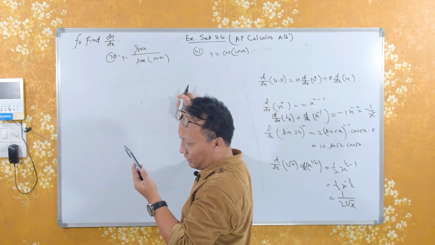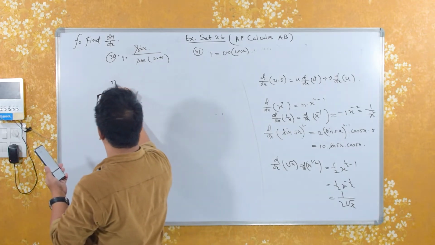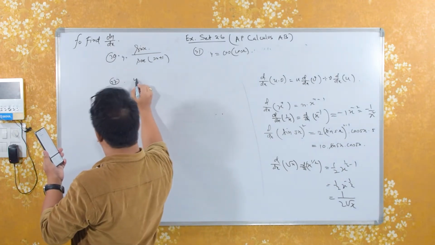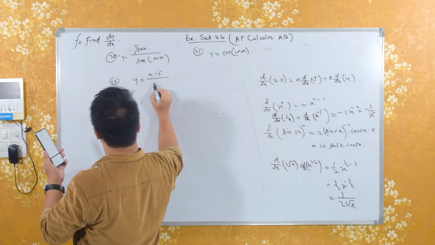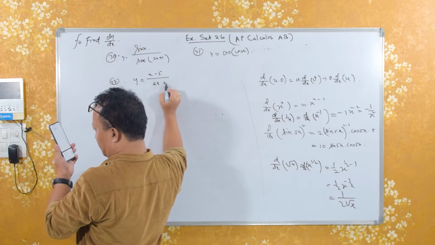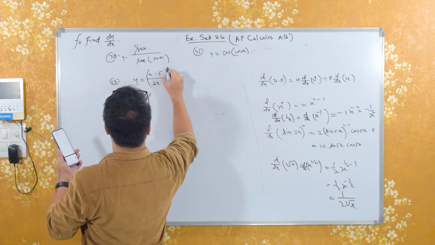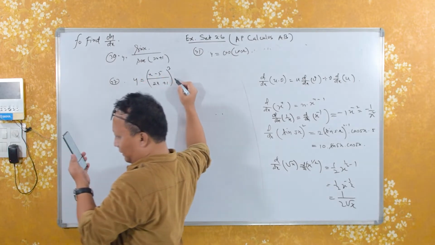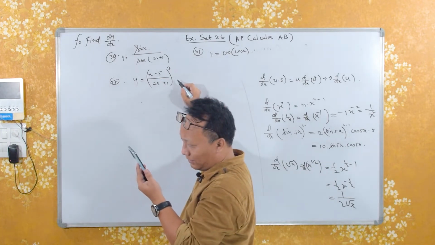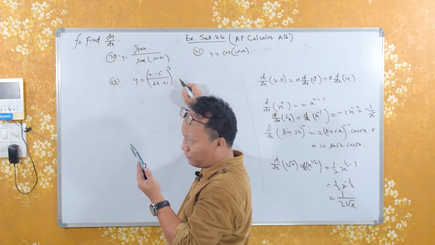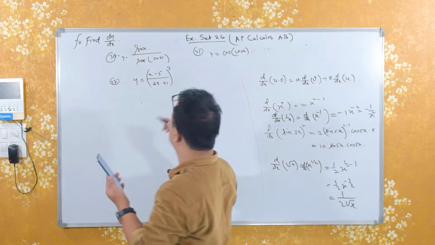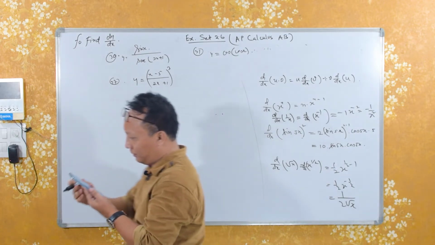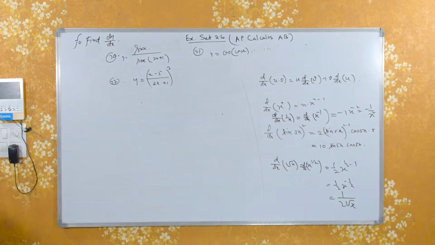Okay, 37, let's say 37 is y equals x minus 5 upon 2x plus 1 raised to cube. 38 is same, 39 also same, 40 also same, and then 41 we will solve it, but let's first try to solve this one first.